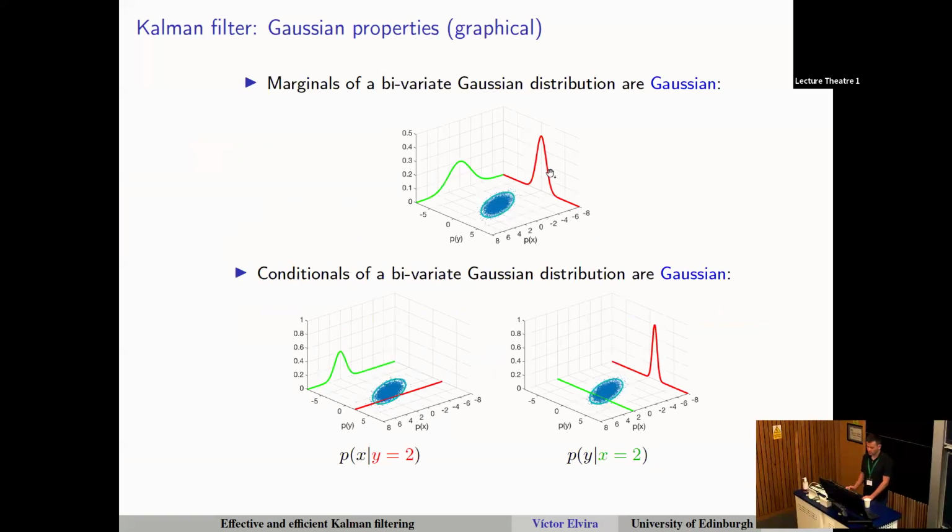The projections here are Gaussian. Here you are conditioning in one dimension or in the other one, and you get Gaussian distributions. And this is what allows the Kalman filter, in its probabilistic derivation, to keep running with these Gaussian distributions. I agree with what Petar said.